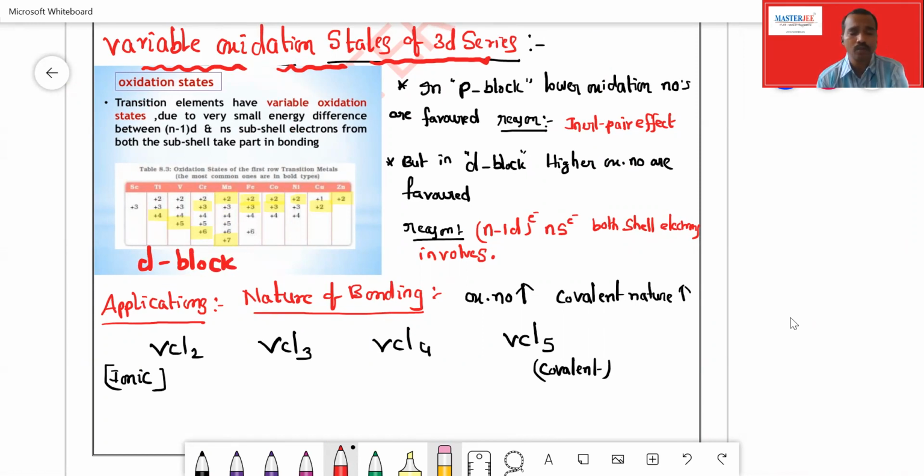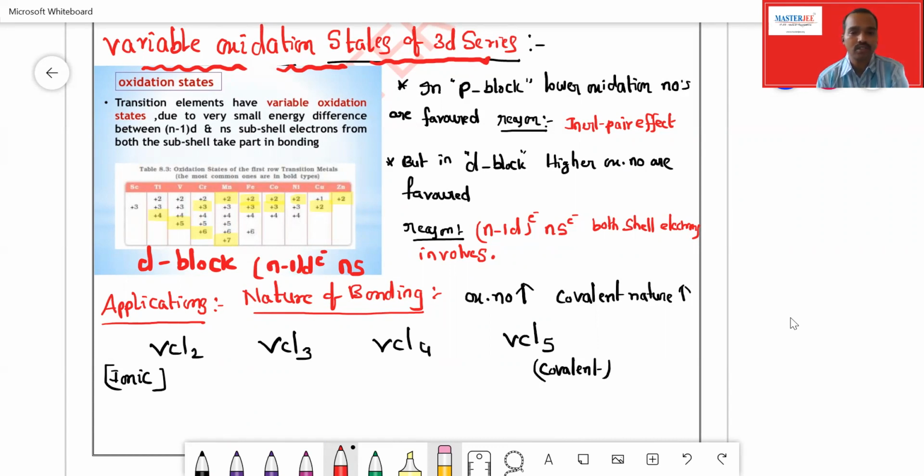Variable oxidation state means more than one oxidation state is exhibited. More than one oxidation number which a species exhibits is called variable oxidation states. Here, in these d block elements, not only ns electrons but (n minus 1) d electrons also participate. That's why they exhibit variable oxidation numbers.